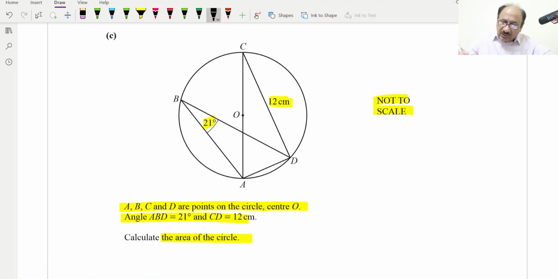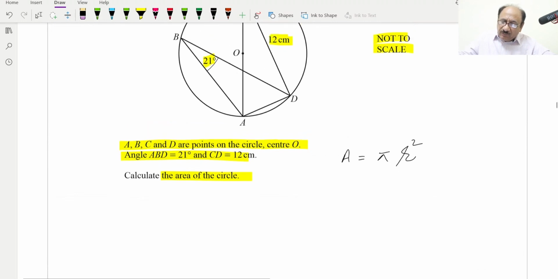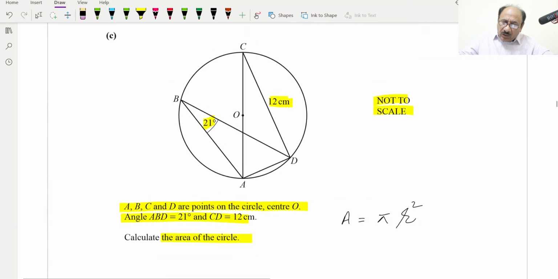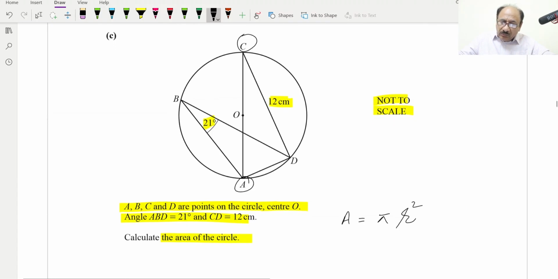For the area of the circle, we know the formula: area of circle is equal to pi r squared. So we require the value of r so that we can insert it in this formula, and r is half of AC, which is the diameter. AC is diameter, so half of AC will be radius.